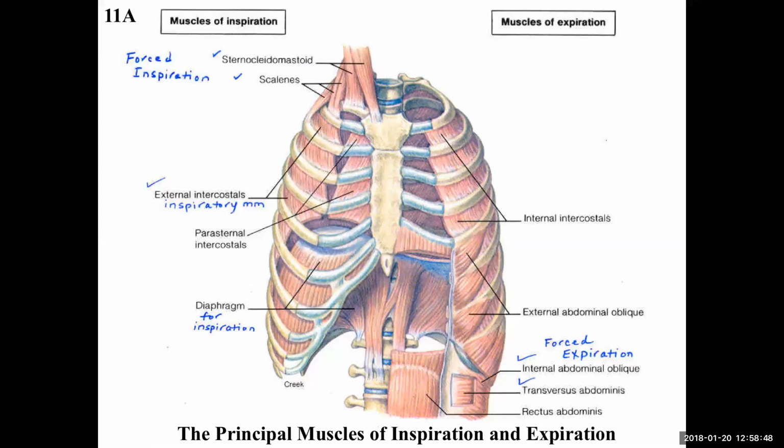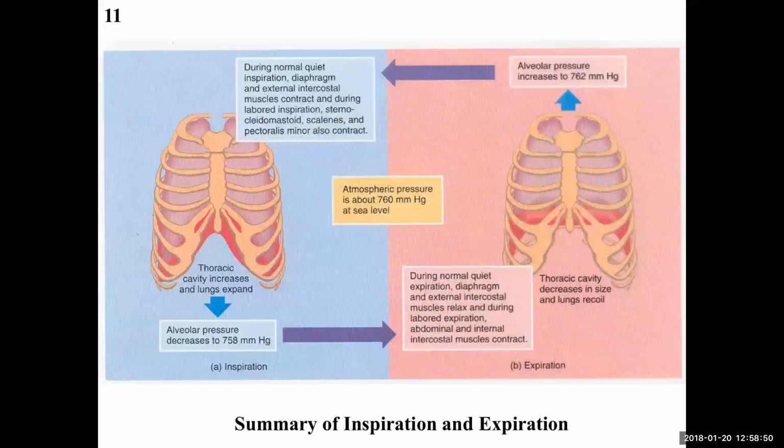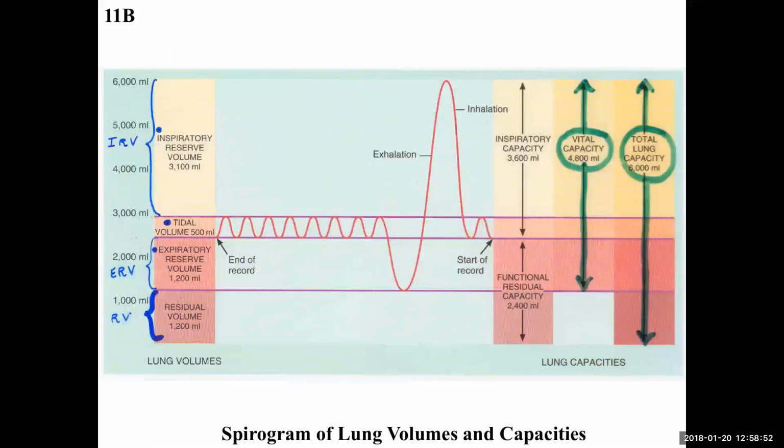We want to talk about the respiratory volumes, which are very important because they measure the individual's lung capacity. So we have the tidal volume. The tidal volume is the amount of air that's moved in or out of the lungs during one respiratory cycle at rest. And that amount is about half a liter. You can see this labeled over here in the graph.